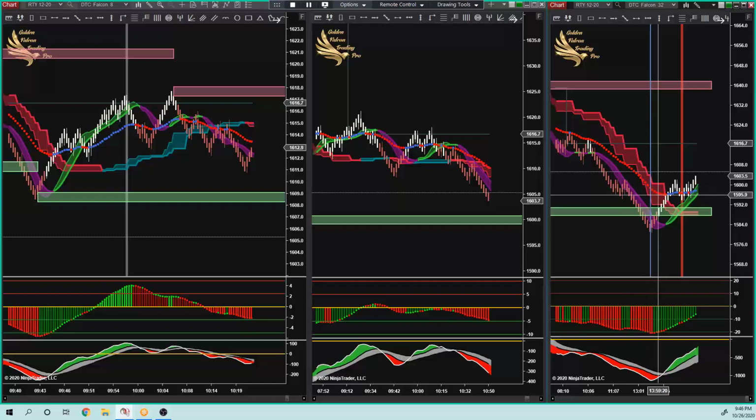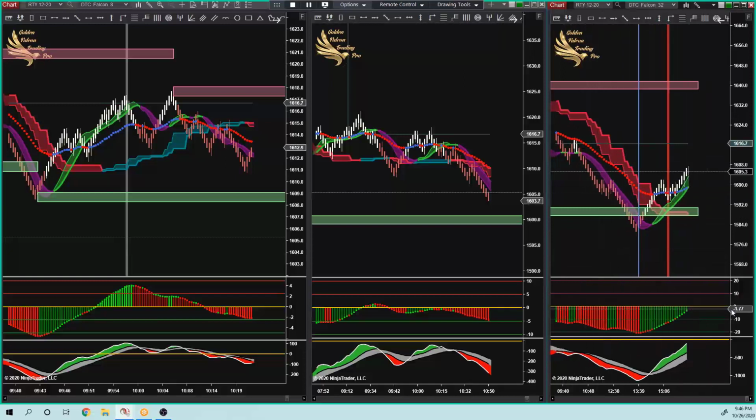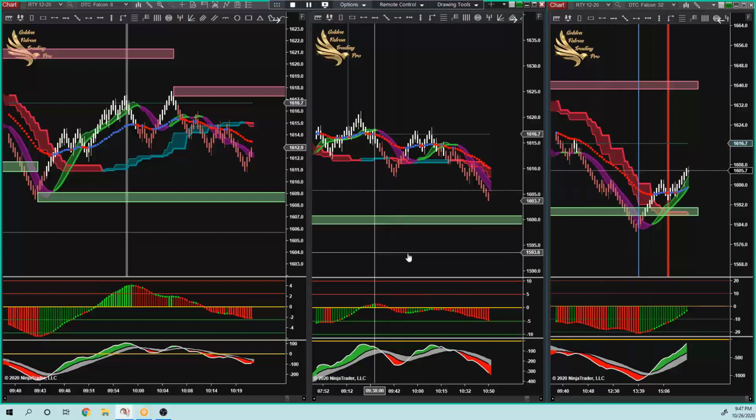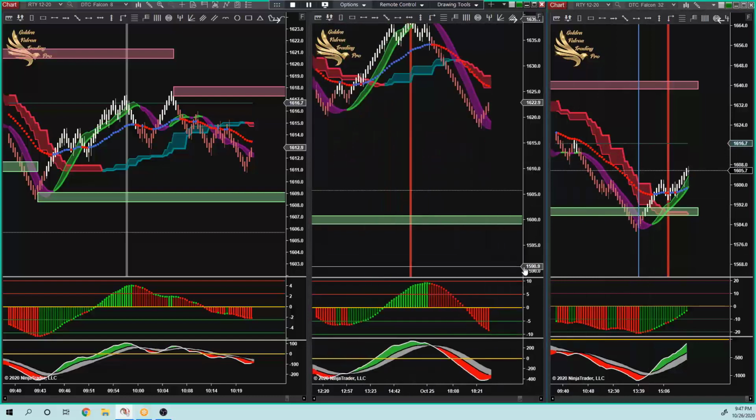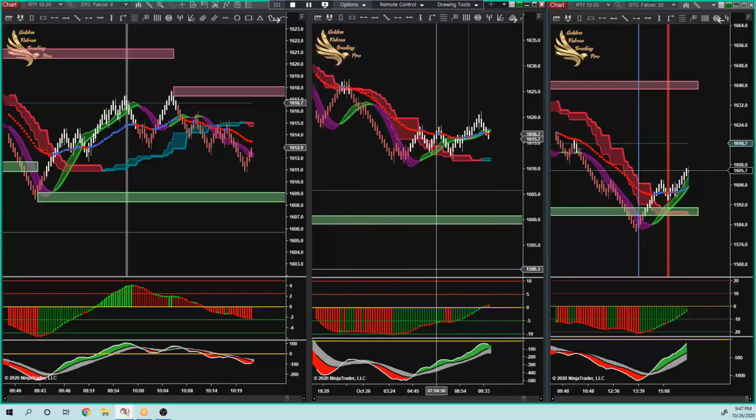If you're going to write something down and take something away today to study, draw a line wherever you have a reversal that looks like this. Scroll back to other times in the market where you see a similar scenario, on different charts.